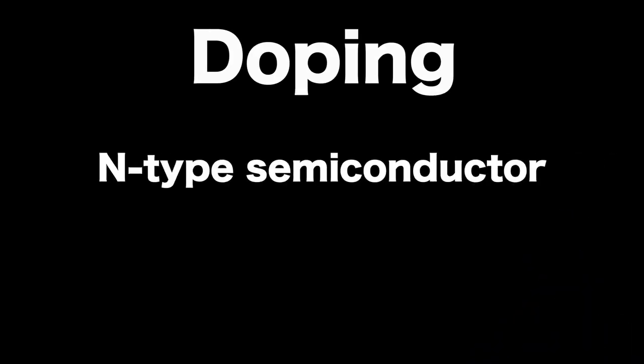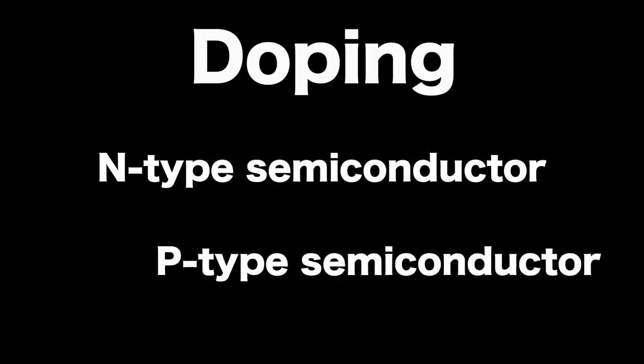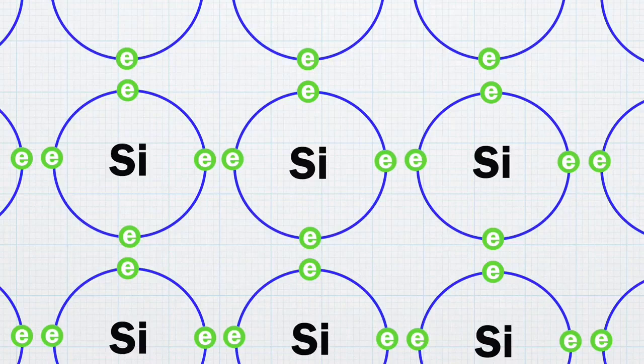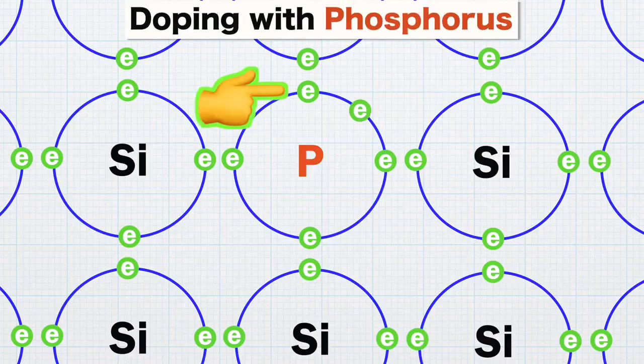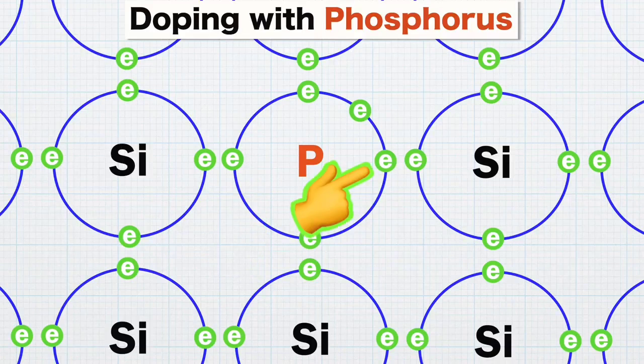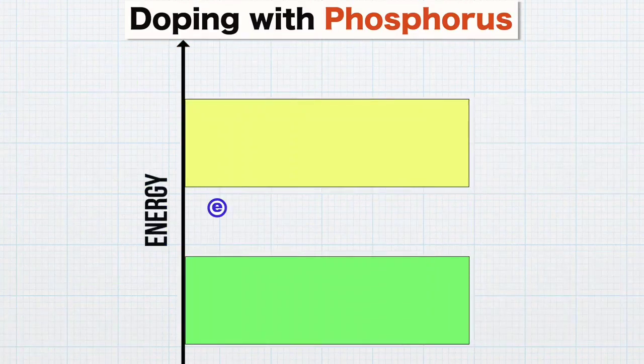To increase the conductivity of silicon, we use doping. What is doping? Doping is introducing an impurity into silicon. It can be classified as N-type semiconductor and P-type semiconductor. An atom that has 5 valence electrons, such as phosphorus, bonds with 4 adjacent silicon atoms, and the 5th electron has nothing to bind to, so it is free to move around, creating an extra energy level.